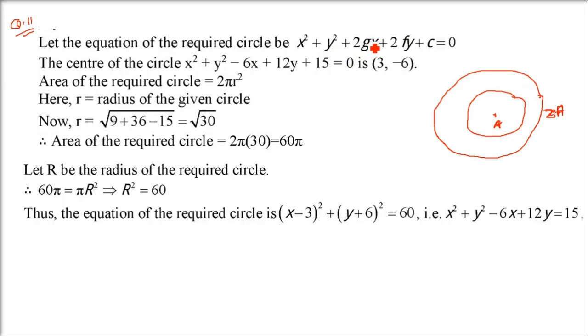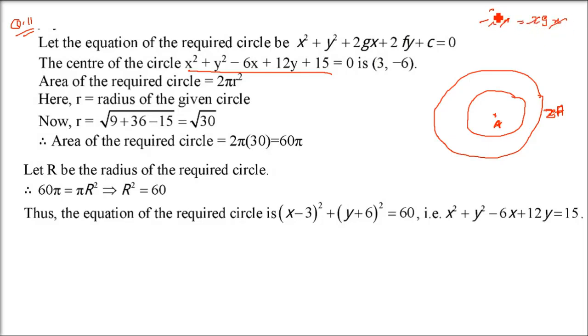Now what you will do? First thing is x square plus y square plus 2gx plus 2fy plus c equals 0. You compare it with the equation of the circle being given, x square plus y square minus 6x plus 12y plus 15 equals 0. You can find minus g and minus f. So compare minus 6x with 2gx. You have to find out minus g.